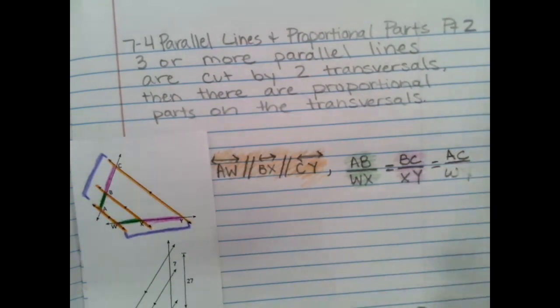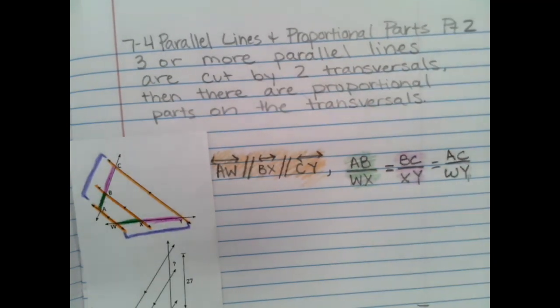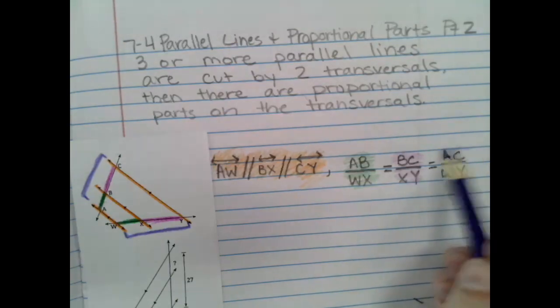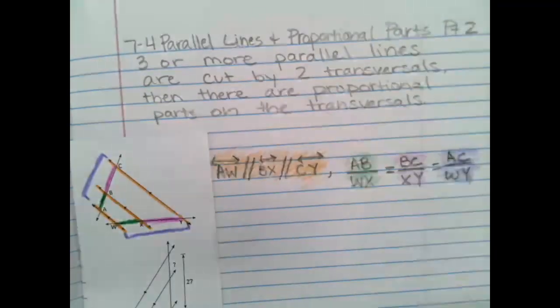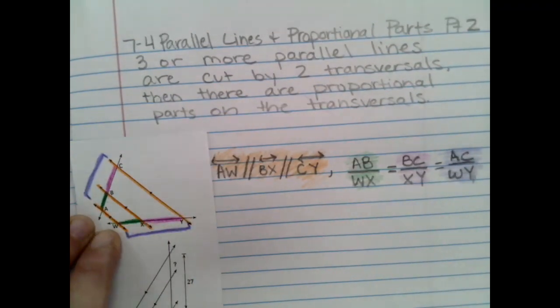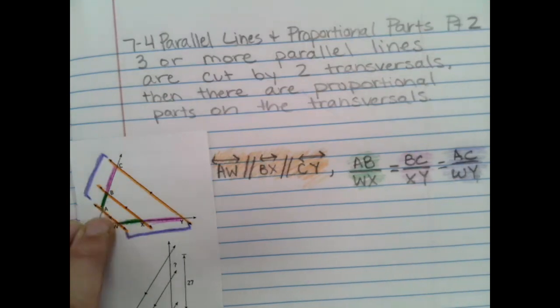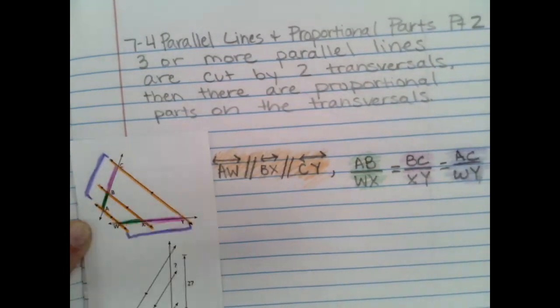So AC over WY. So how we talked about last week, like having 2 triangles overlapping on each other. Imagine like this one we have 3 triangles that's overlapping on each other. And we could connect these lines to the point where they cross, where they touch. And that would be that first triangle, then a second medium triangle, and then our big triangle.